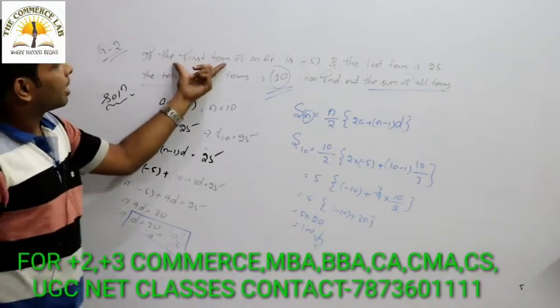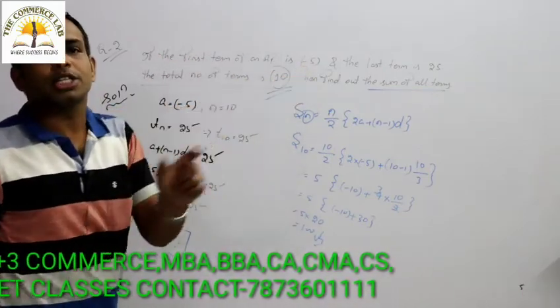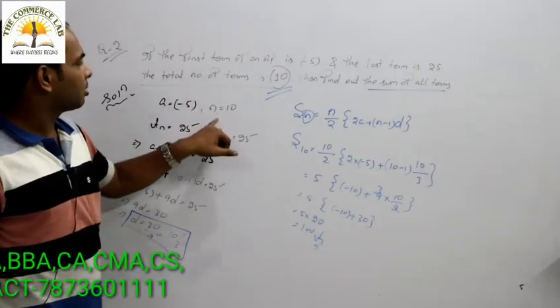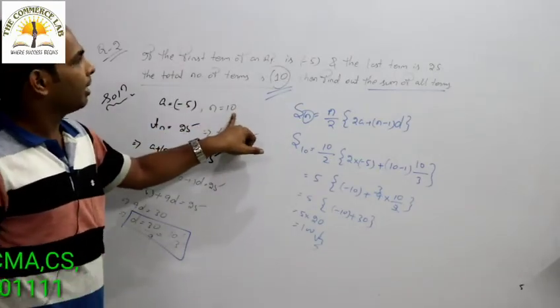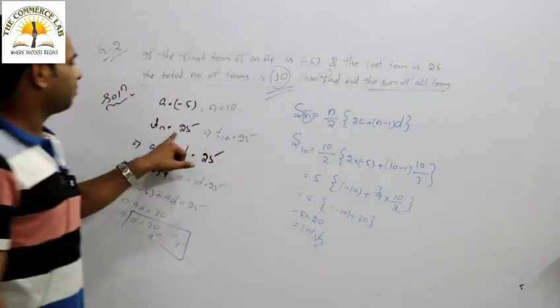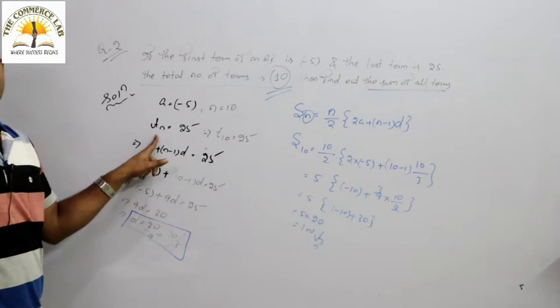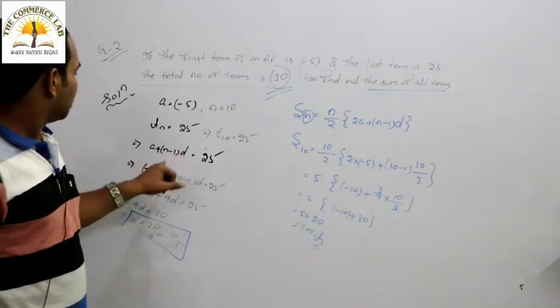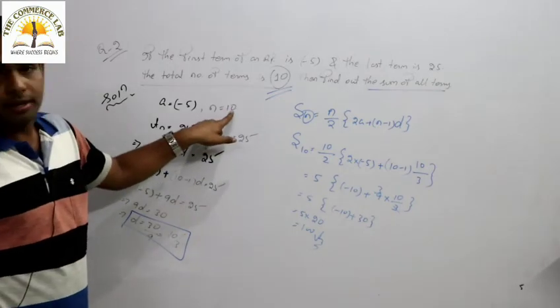So the first term of an AP is minus 5, the notation of the first term is small a, that is minus 5. Total number of terms is n equal to 10. The last term, that is Tn, equal to 25. But Tn can also be written, we know the formula, a plus n minus 1 into d. So here n is 10.